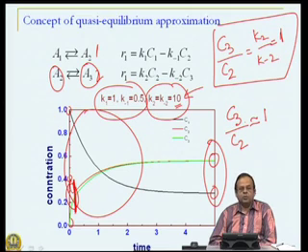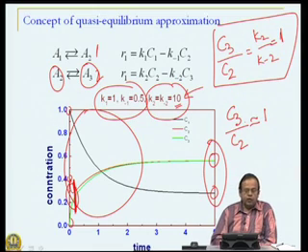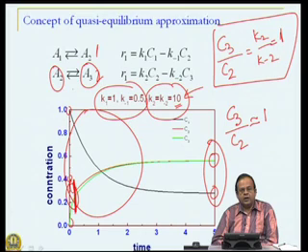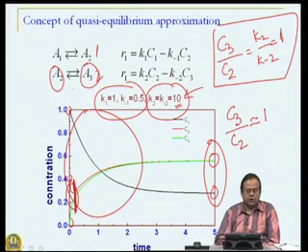So, let me refresh ourselves on what we just now discussed. We have two reactions 1 and 2. The order of magnitude of their kinetic rate constants are different. For this particular example, reaction 2 is much faster compared to reaction 1.